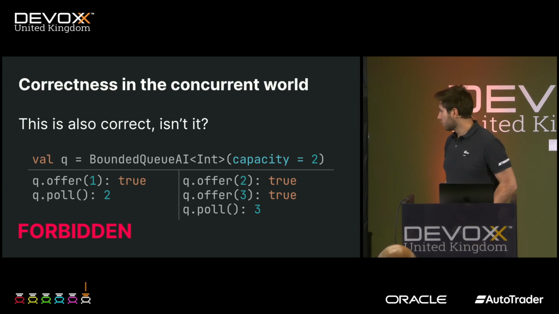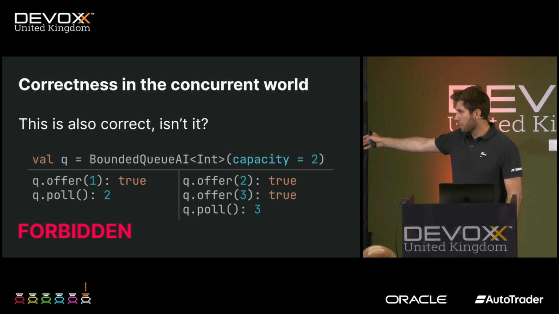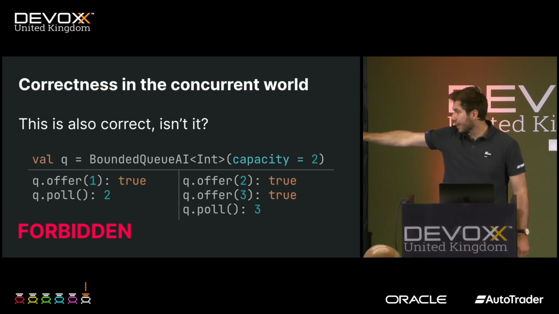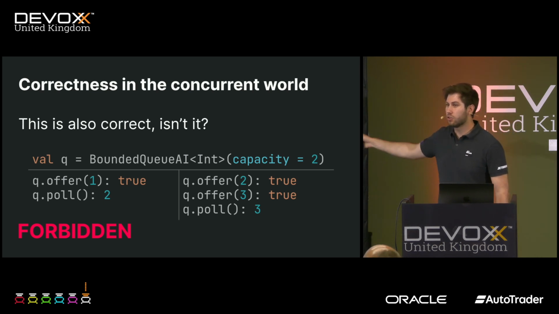So, what is the problem here? Yeah. So the problem is that the only way to extract 3 is to start with the second thread, adding these 2 elements, and then to call poll from the first thread. But in this case, the offer in this first thread should return false because the queue capacity is 2.